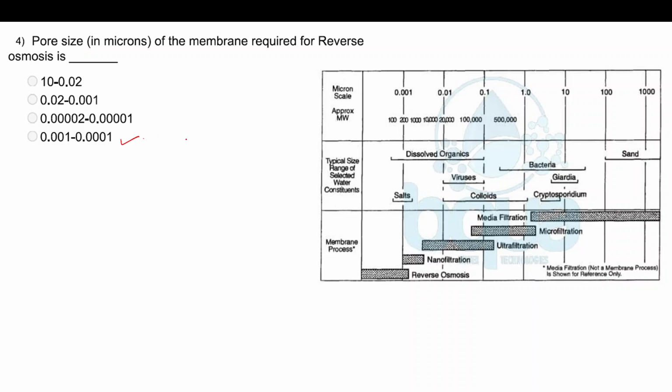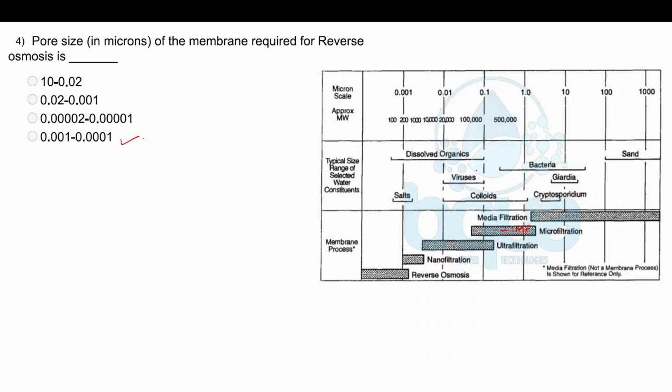Yeah. So here you can see this is the micron scale range. So this is microfiltration, MF, which has the highest pore size in terms of membrane. Then there can be ultrafiltration, nanofiltration and reverse osmosis, which has the least pore size.